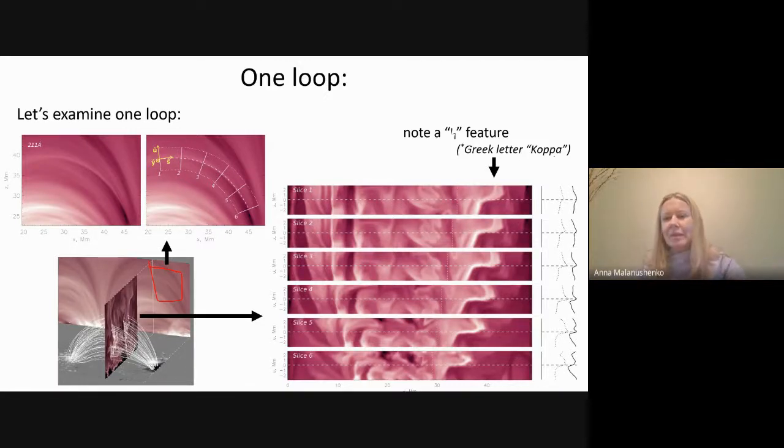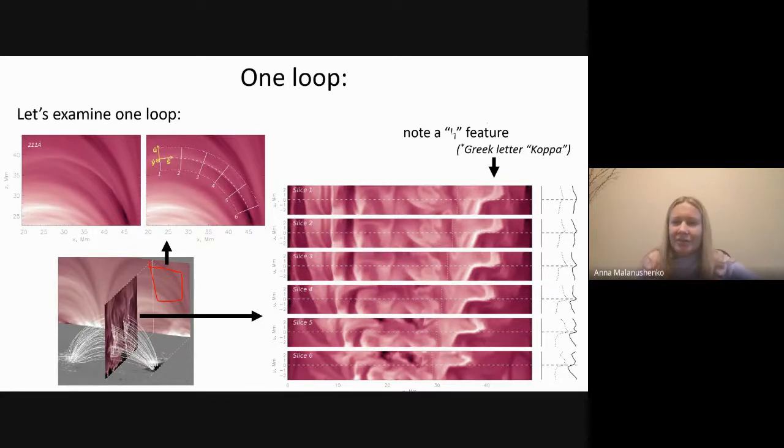Why? Well, as you can see, and again, please bear with me, it's a little difficult to explain in words, but it is really simple and intuitive. In order to get intensity in the slices 1, 2, 3, 4, 5, 6, which are also plotted here, those profiles are basically the intensity in the slices in the synthetic image.